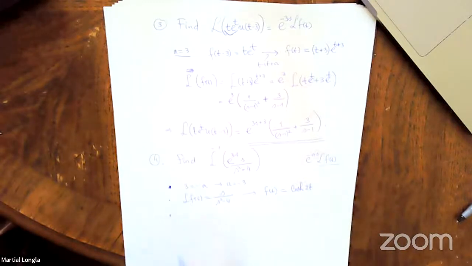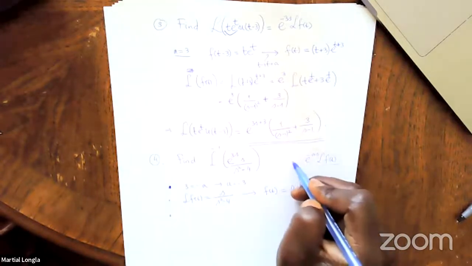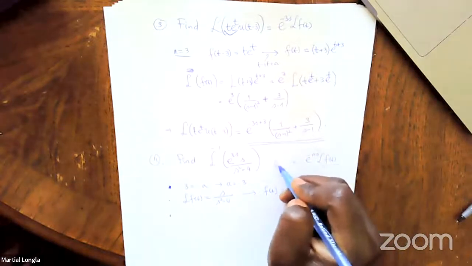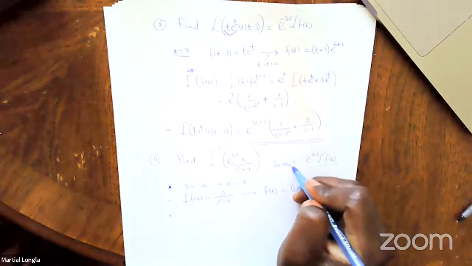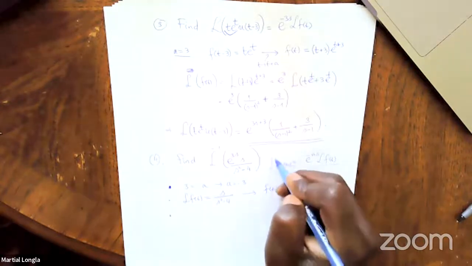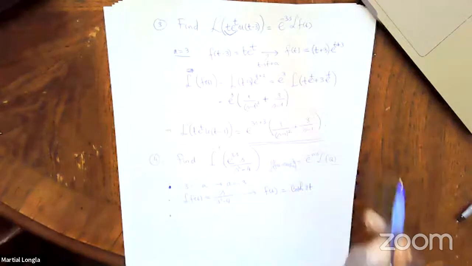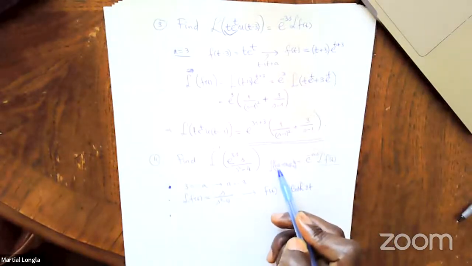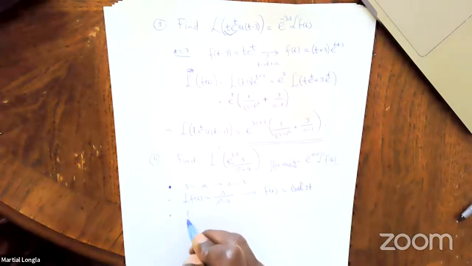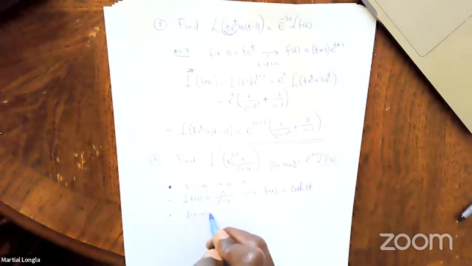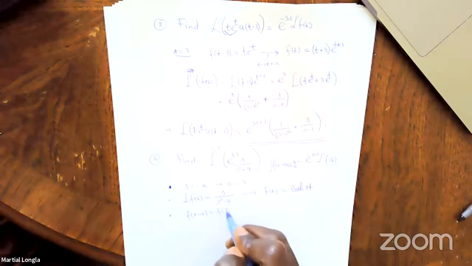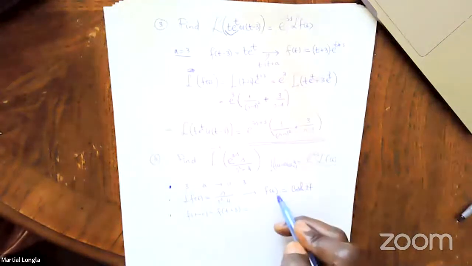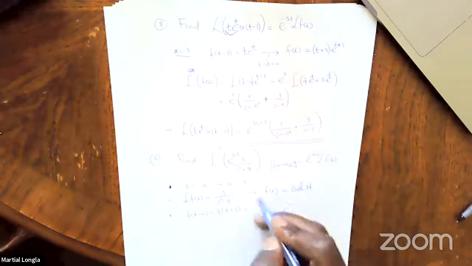And now, remember, in the formula, you have as well f of t minus a, u of t minus a on the left. So after finding f of t, we need to find f of t minus a. So f of t minus a here is f of t plus 3, which means replace in this formula t by t plus 3.